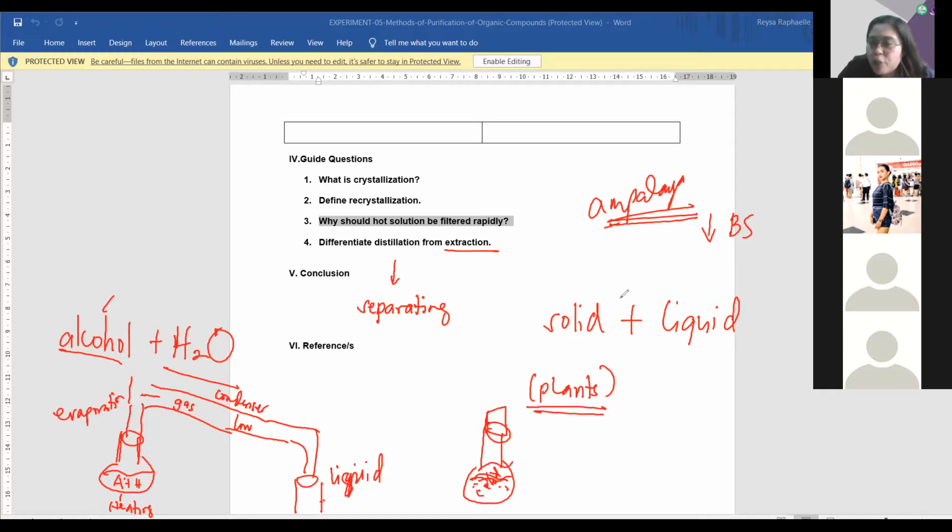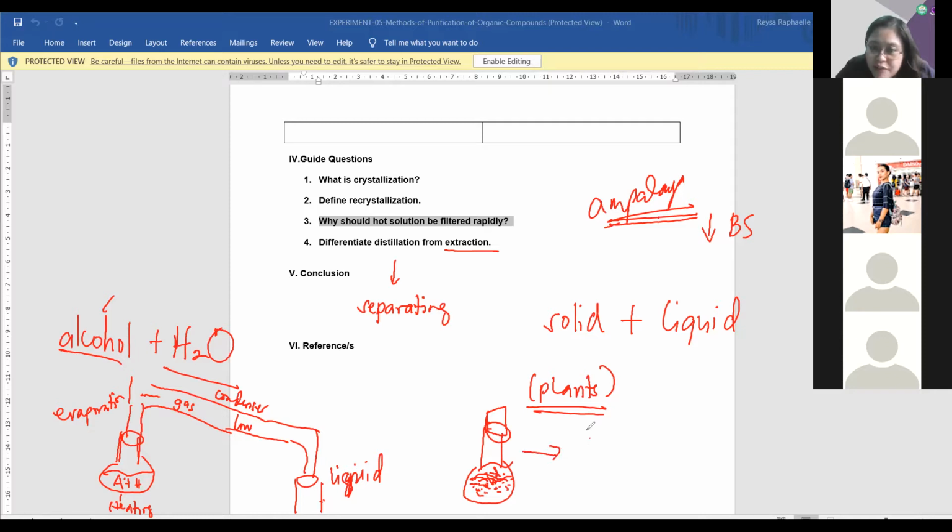Okay, so for example, the chemical na nasa ampalaya is soluble sa alcohol. So alcohol yung ilalagay natin for extraction. So magkaiba sila ni distillation. So isasubmerge mo lang ito for some time yung ampalaya dyan, and mag-expect ka na na-dissolve na nakuha from the ampalaya mismo, makukuha ni solvent yung mga phytochemicals.